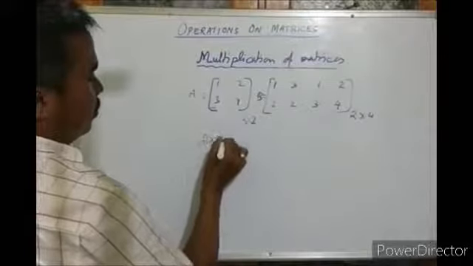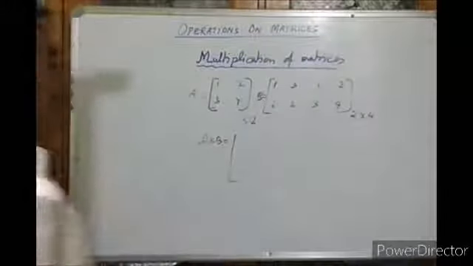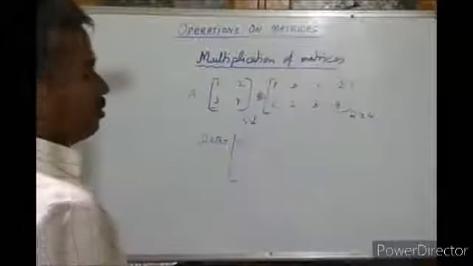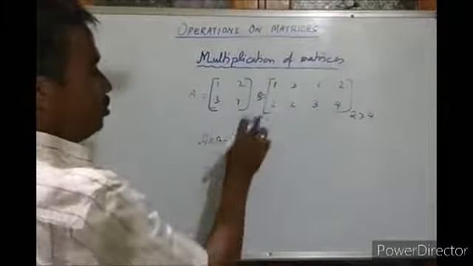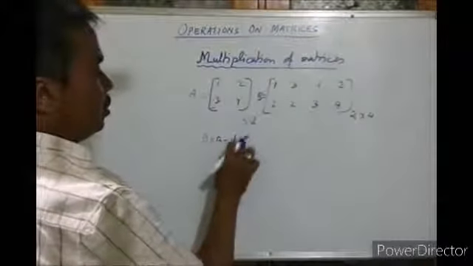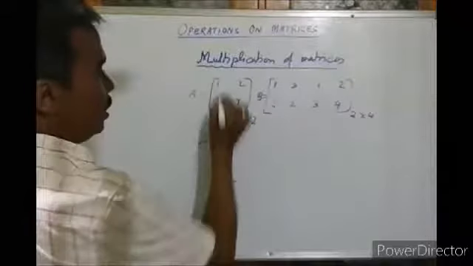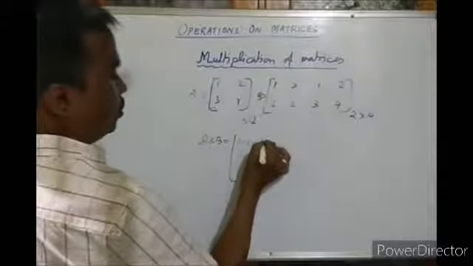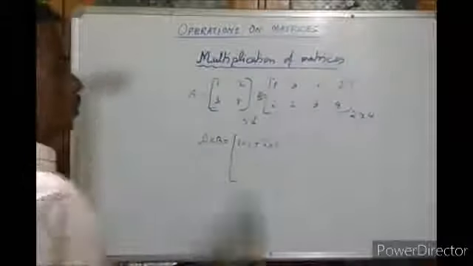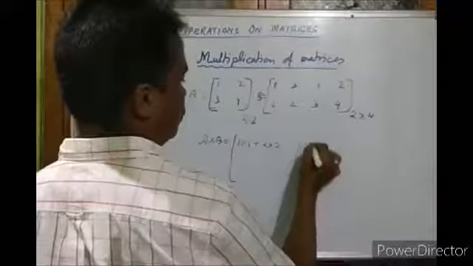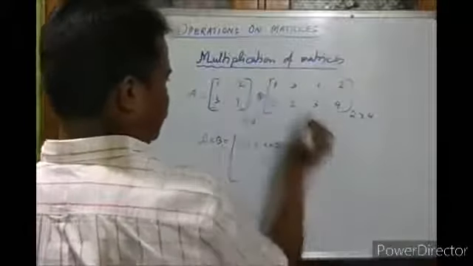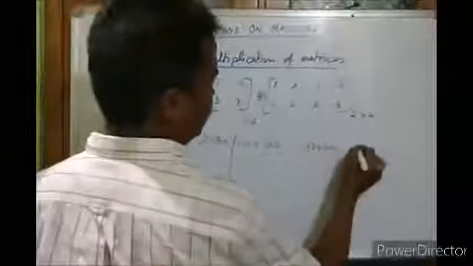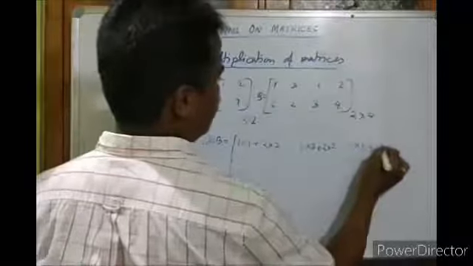A into B is equal to what? The first row into the first column gives C11: 1 into 1 plus 2 into 2. First row into second column: 1 into 3 plus 2 into 2. First row into third column: 1 into 1 plus 2 into 3.